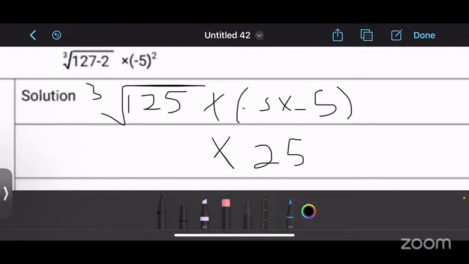And then you solve the cube root of 125. Is it 5? What's the cube root of 25? Is it 5? Let me check now. Okay. Yes, ma'am, it's 25.